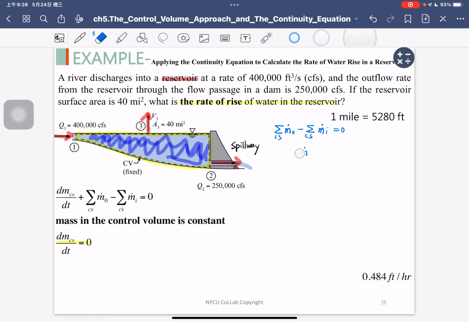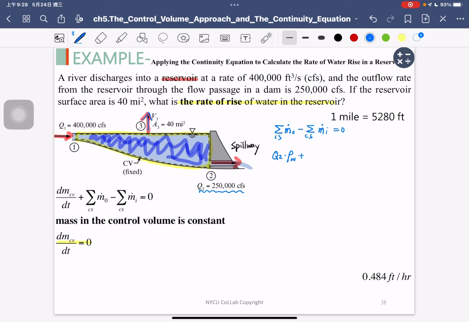We have two outflows, right? The first outflow is contributed by Q2 here. Q2 is the discharge, and the discharge multiplied by the water density equals the mass rate. The other outflow is here.